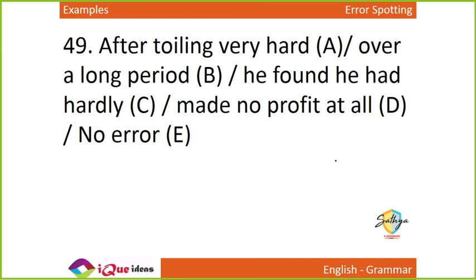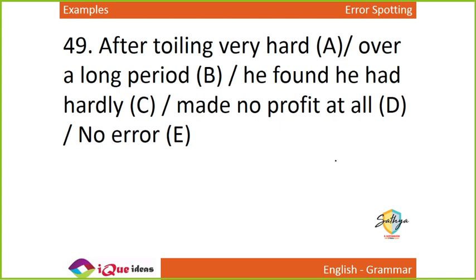After toiling very hard over a long period, he found he had hardly made no profit at all. Okay, so the word hardly itself is a negative, right? We don't use a double negative.